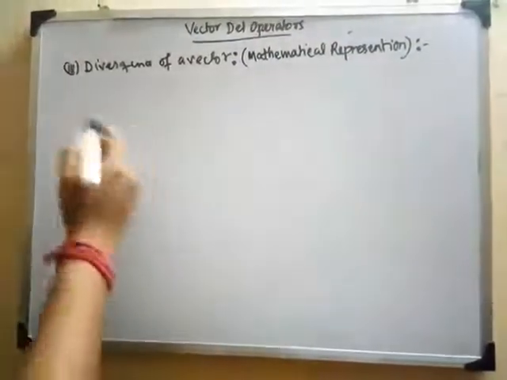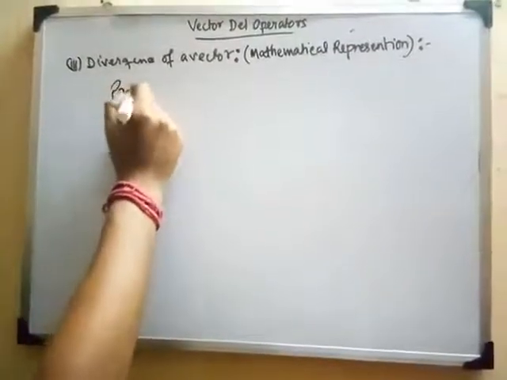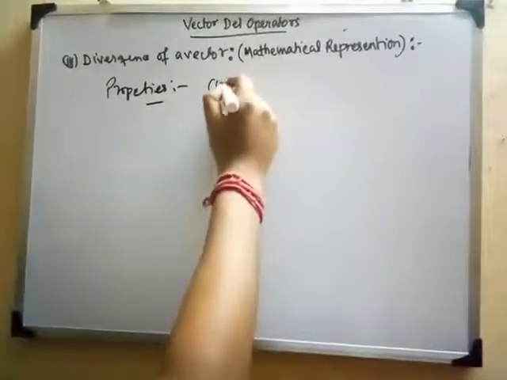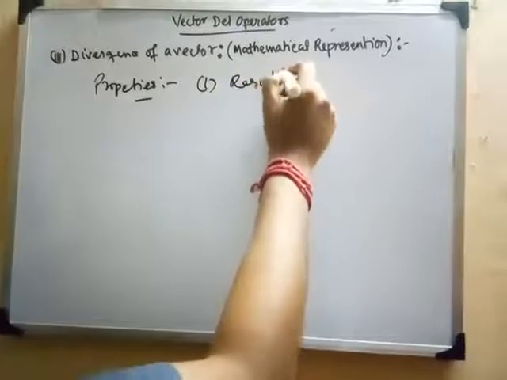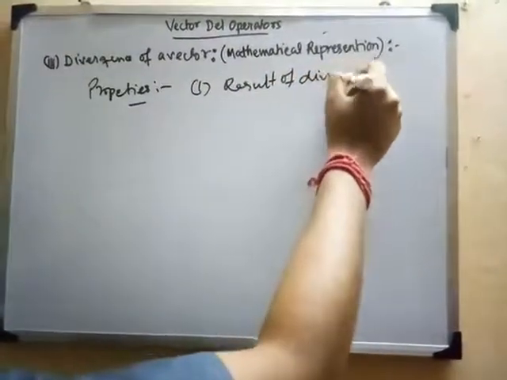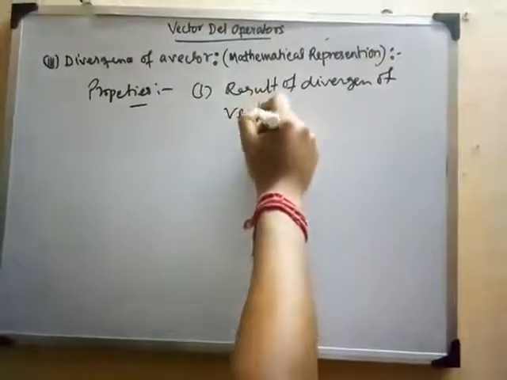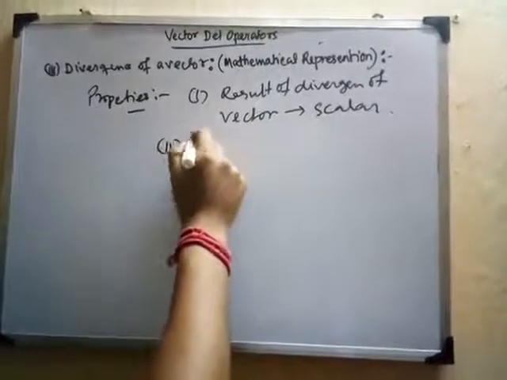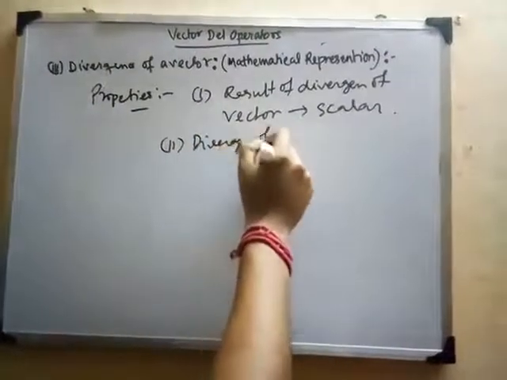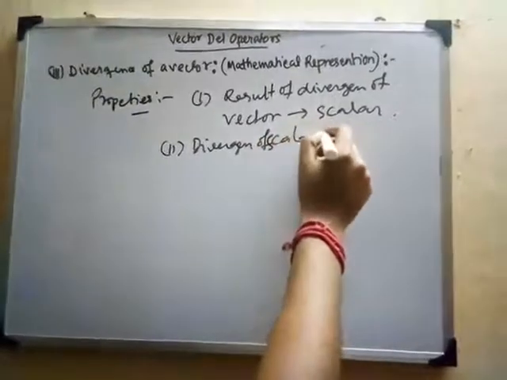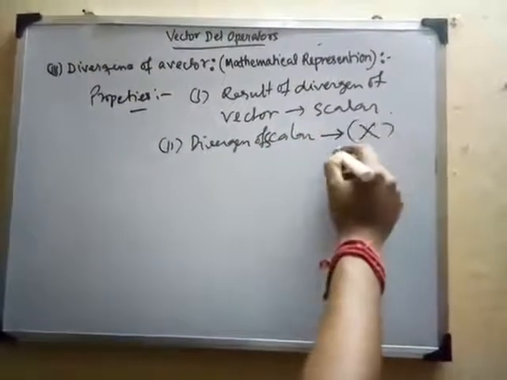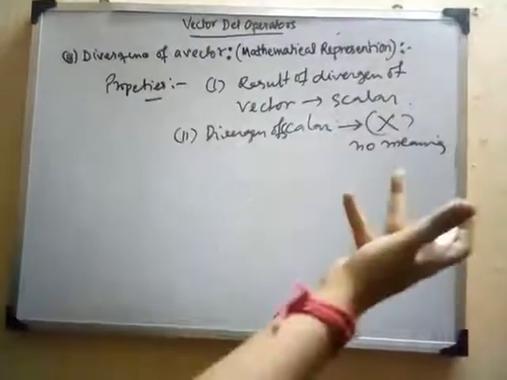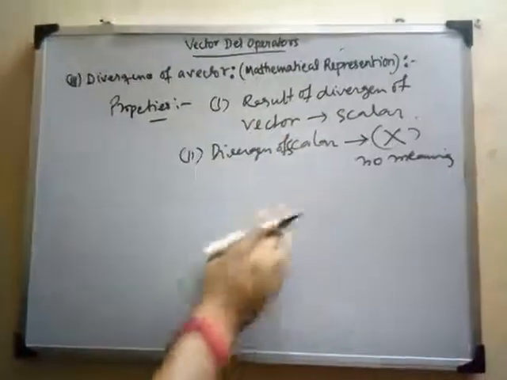After that, there are a few simple properties you can study, because sometimes they ask them in examinations. One property is that the result of the divergence of a vector is a scalar. The next property is that the divergence of a scalar has no meaning; you can't take the divergence of a scalar quantity.